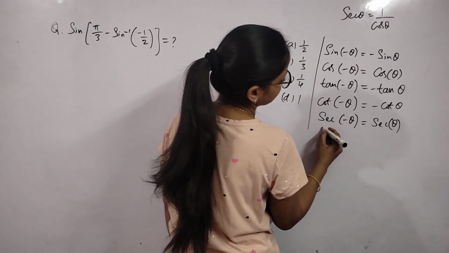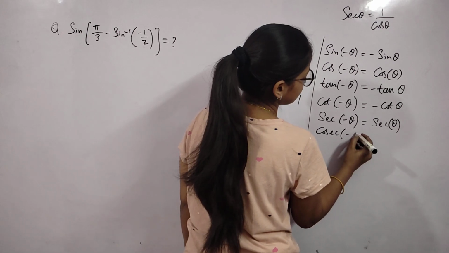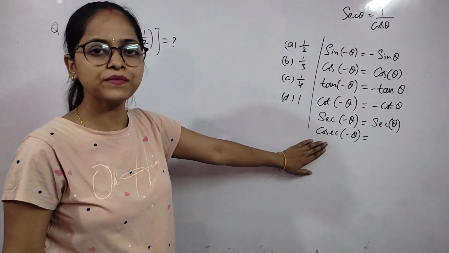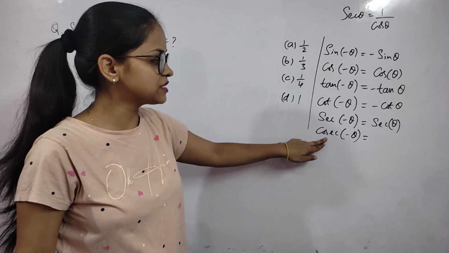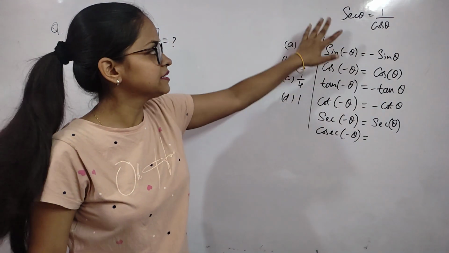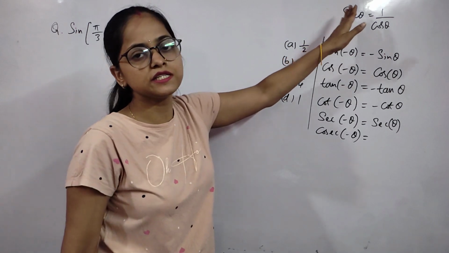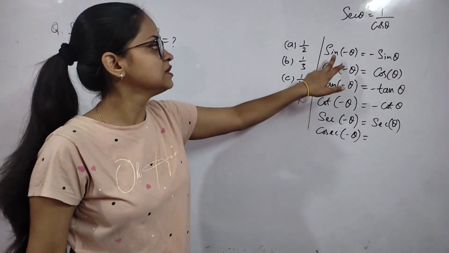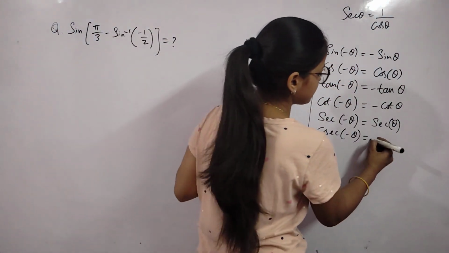And the remaining one is cosecant theta. Cosecant is equal to 1 by sin theta. Since it includes sin theta, the minus will come outside of this function.